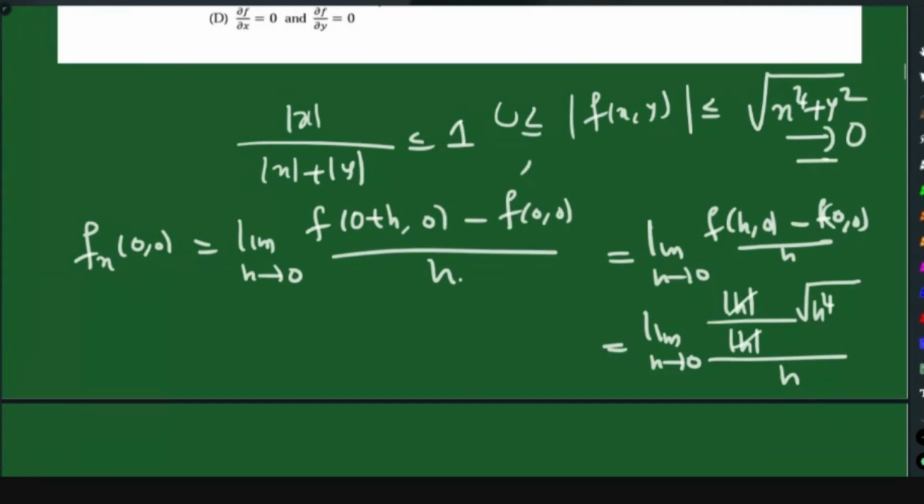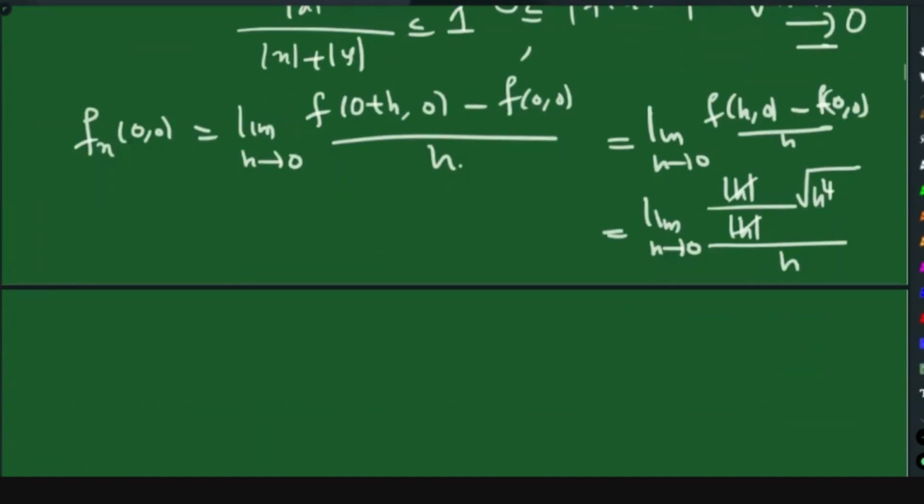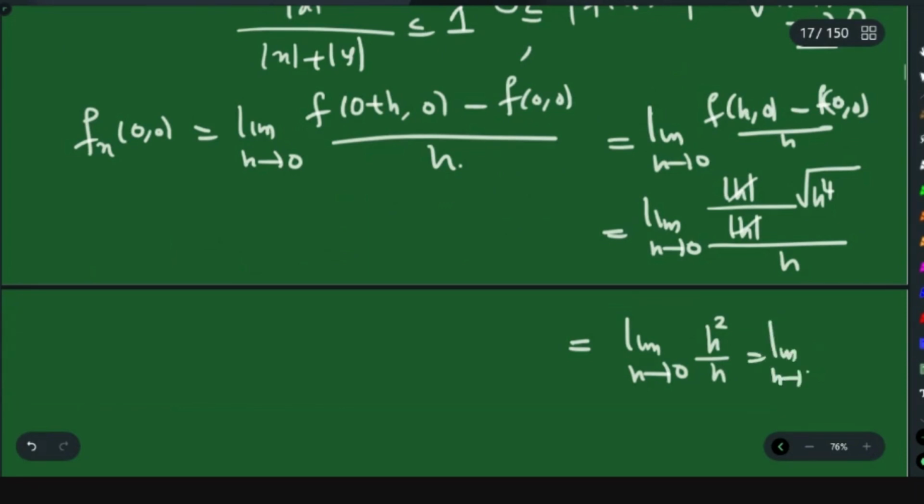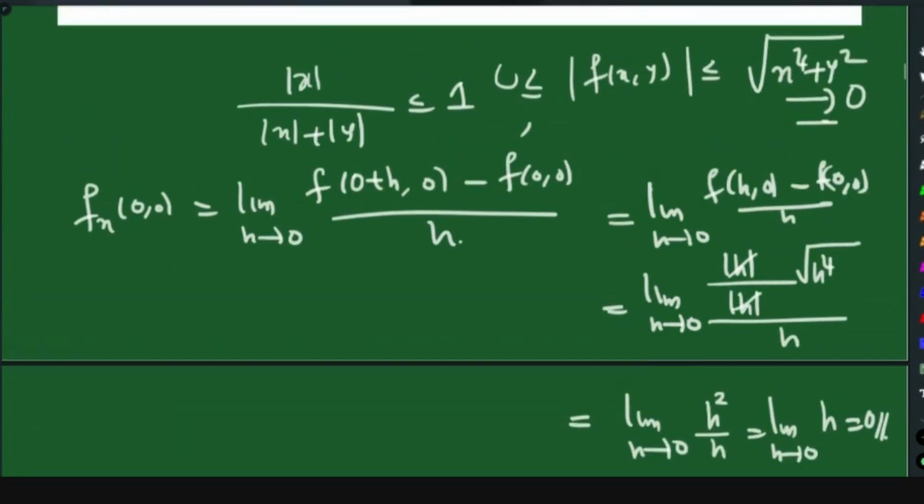The square root of h raised to 4 gives h square, right? So this is limit h tending to 0 of h square by h. One h will cancel, so this is limit h tends to 0 of h, which is equal to 0. You understand this? Yes, sir. Is it clear? Yes. So fx at (0, 0) is 0.